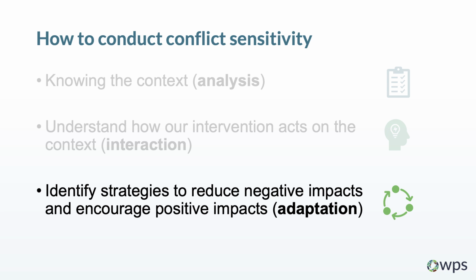The third and last step of conflict sensitivity is to act through identifying strategies to reduce negative impacts and encourage positive impacts. You could do that at the planning stage by defining indicators to monitor, or you could do that during the implementation phase.